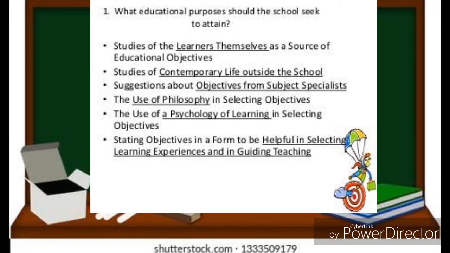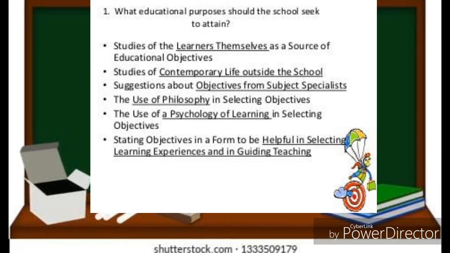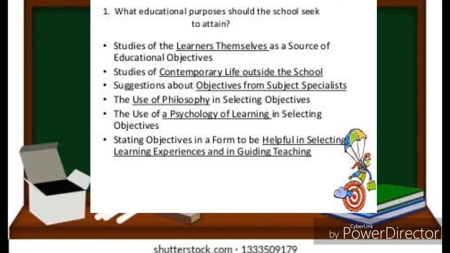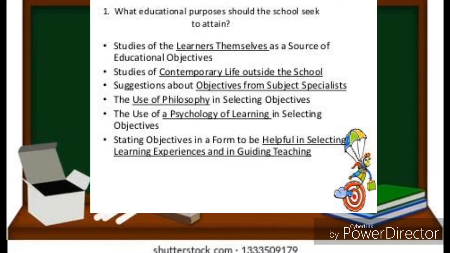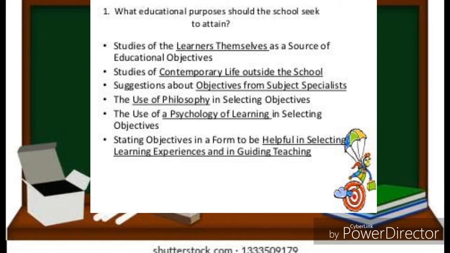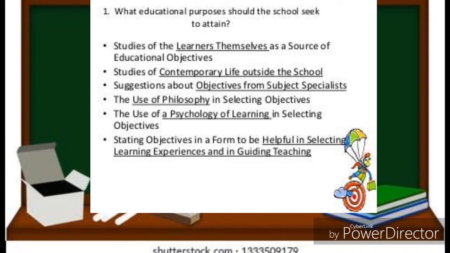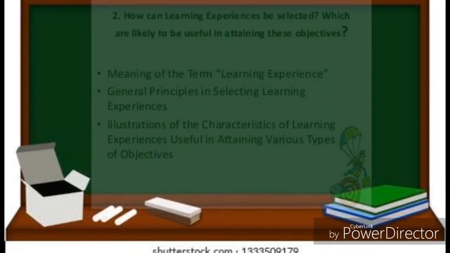Studies of the learners themselves as a source of educational objectives. Second, studies of contemporary life outside the school. Third, suggestions about objectives from subject specialists. Fourth, the use of philosophy in selecting objectives. Fifth, the use of a psychology of learning in selecting objectives. And the last, stating objectives in a form to be helpful in selecting learning experiences and in guiding teaching.